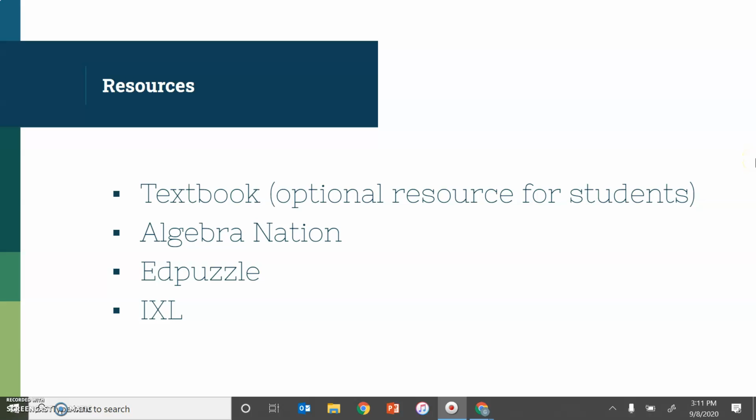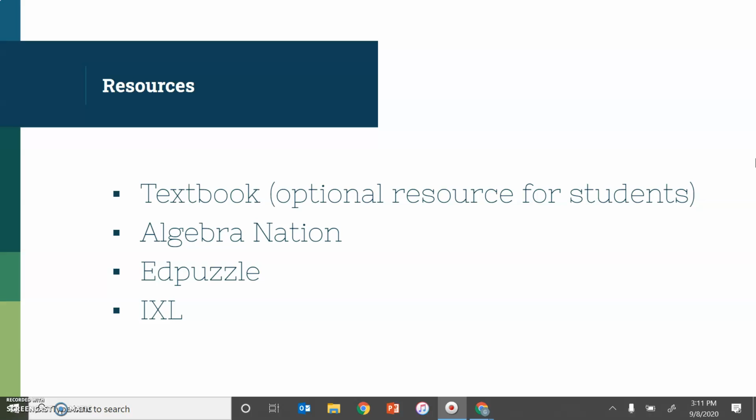Resources. Textbooks are optional. We will be using Algebra Nation that your students have access to through Launchpad. We will use this website called Edpuzzle, where the students will be viewing some videos, and I will be able to track and see who saw what videos or not for grade purposes and for purposes of being able to keep your students accountable.